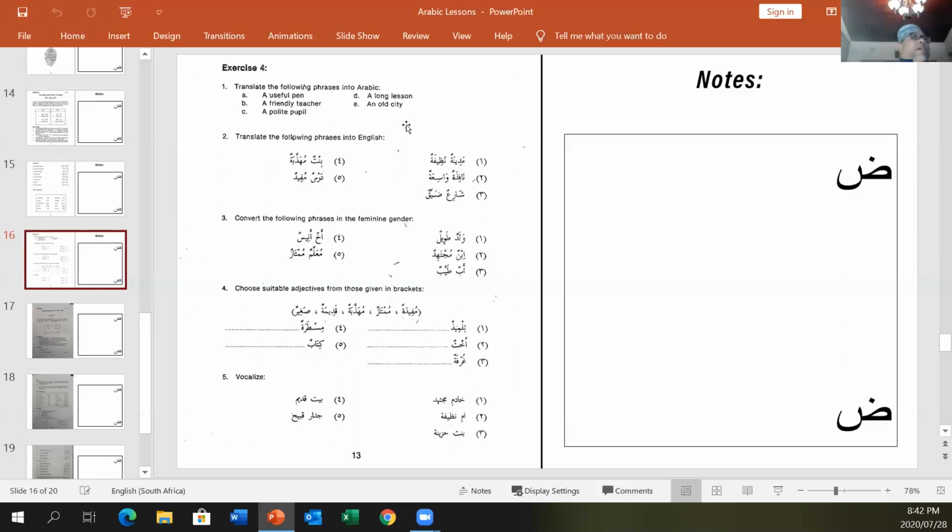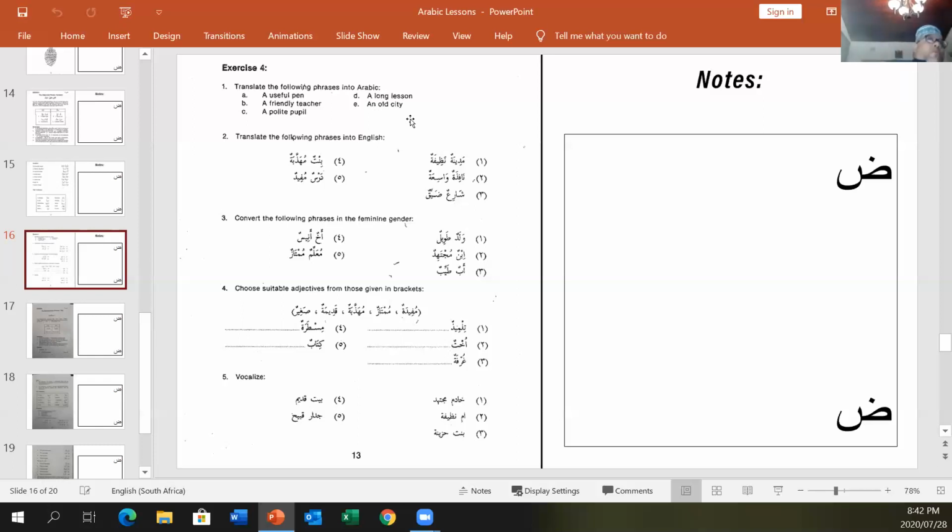The last one here, an old city. What is a city? Madinatun. An old: qadimun. So what is your answer there? Madinatun qadimatun.